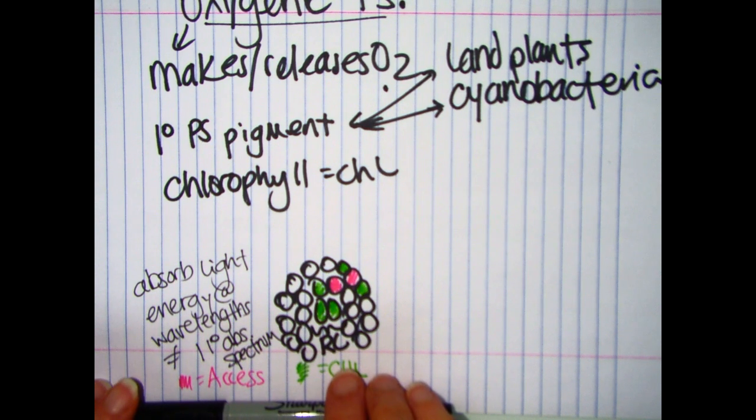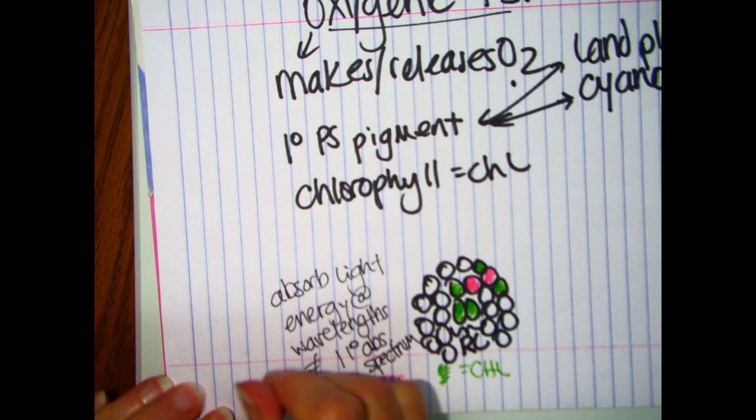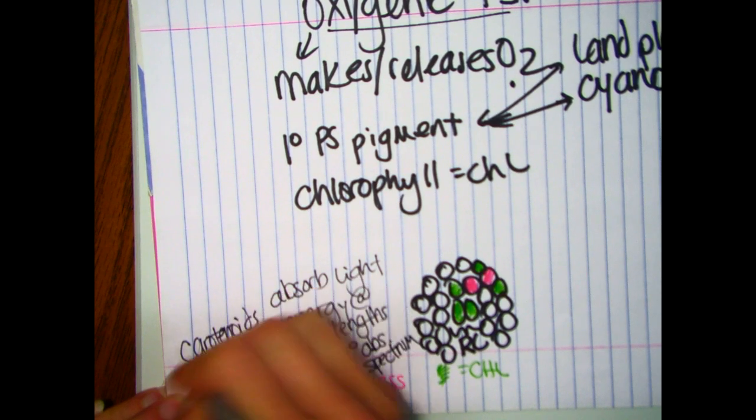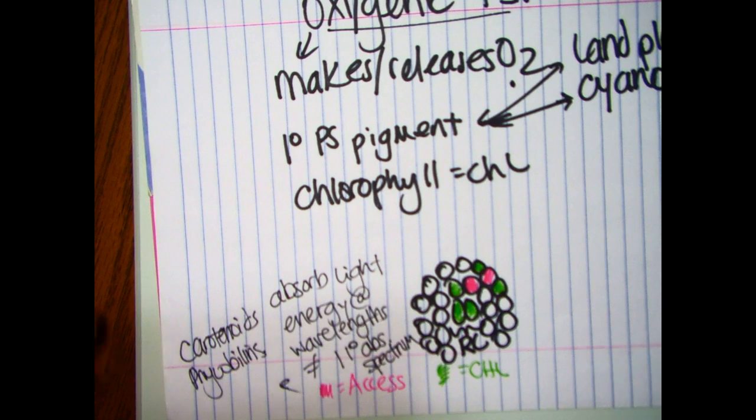So accessory pigments absorb additional wavelengths both for a positive energy harvesting goal as well as for a sunlight damage protection goal. The accessory pigments that we talked about were carotenoids and phycobilins. You can go back and watch the end of the video before to get those.